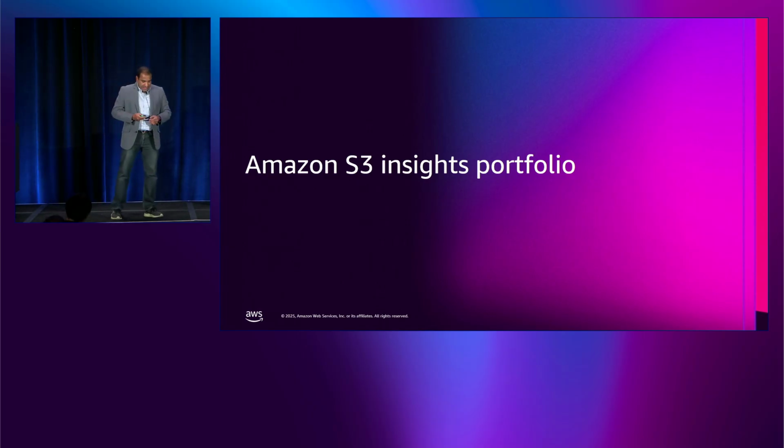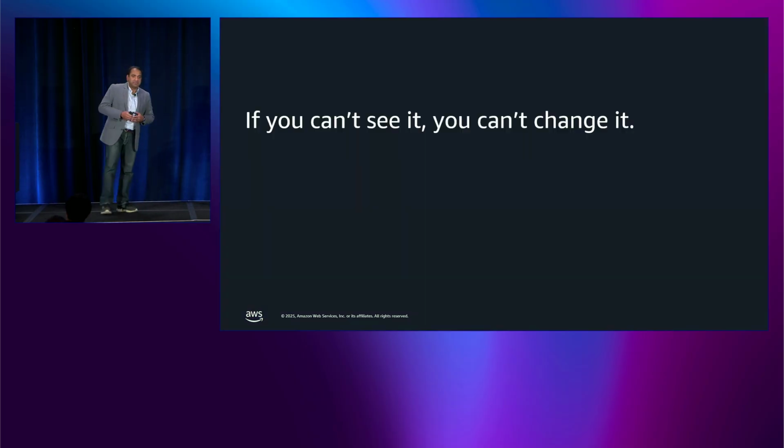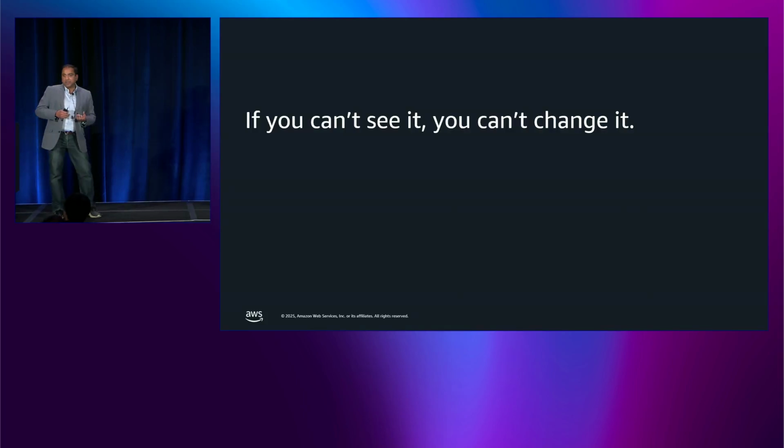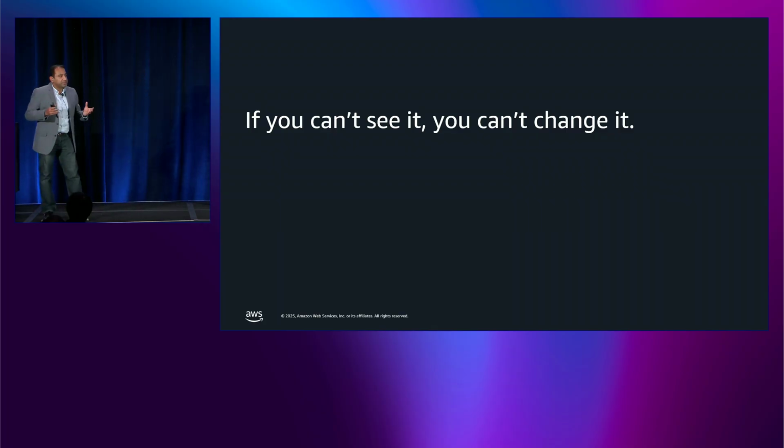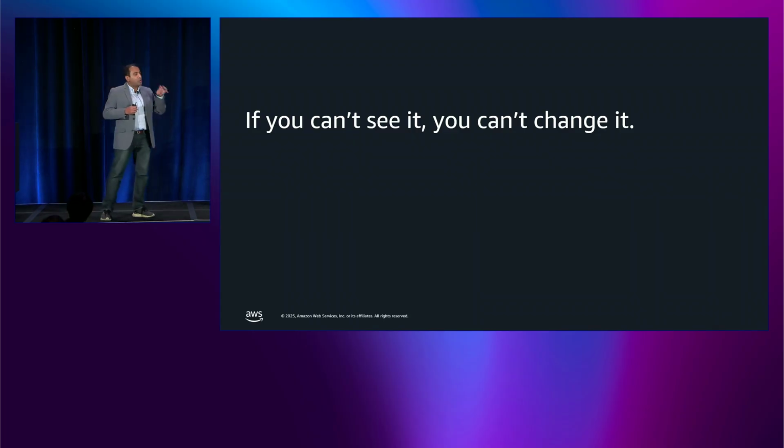I'd like to first establish why you want insights. As you're storing data, where you store your data and how your applications access that data is critical for various reasons: the cost profile of your workload, the performance profile of your workload, as well as the security posture of your data sets. Therefore, it's critical for you to understand how your data is being stored, where it is being stored, and how your data is being accessed.